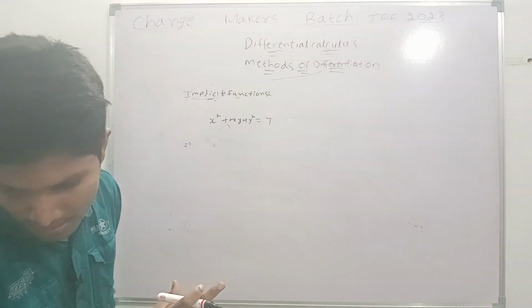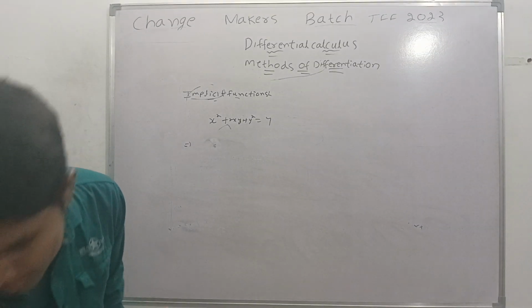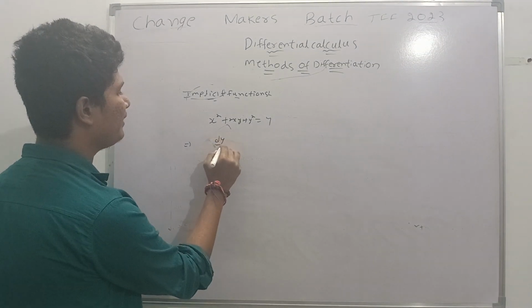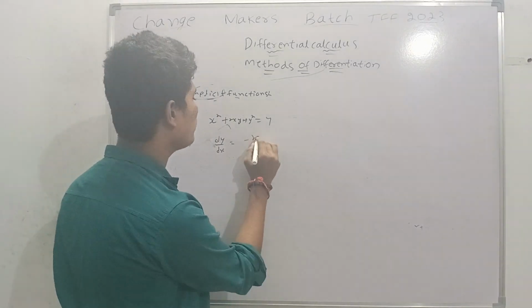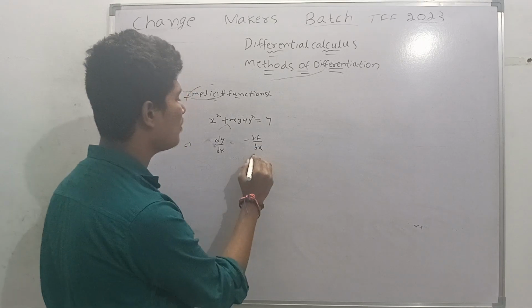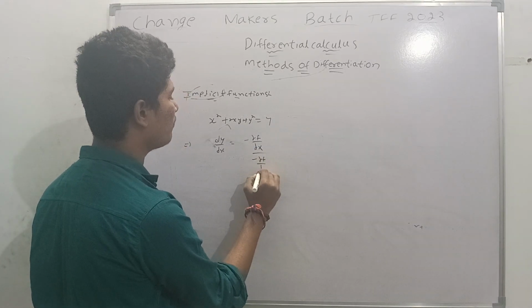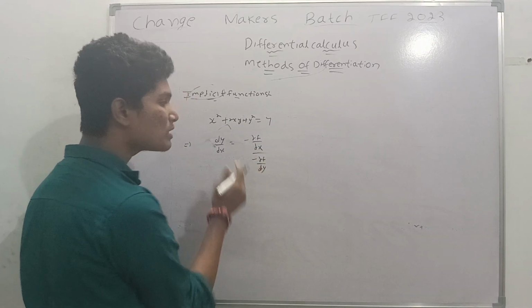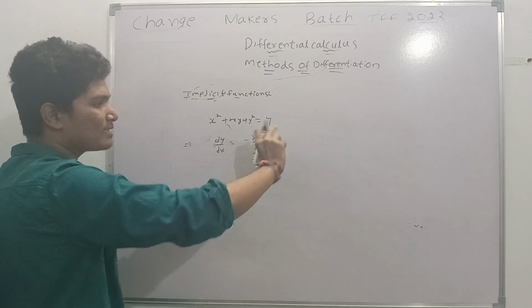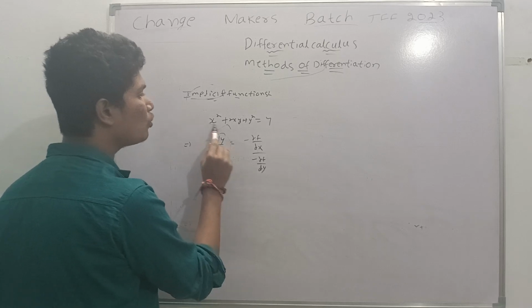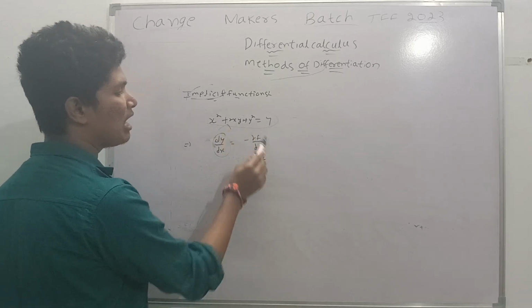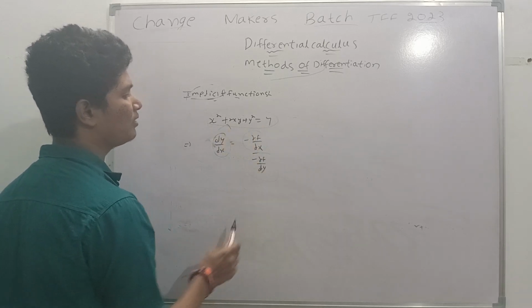Actually the procedure is like this: dy by dx equals minus dou f by dou x divided by dou f by dou y. You have to differentiate this partially, and after differentiating, you have to divide.